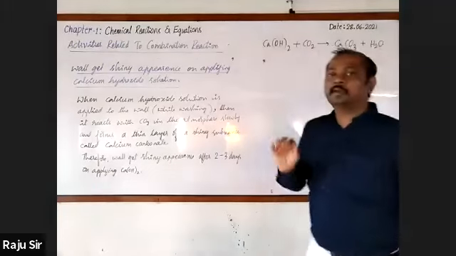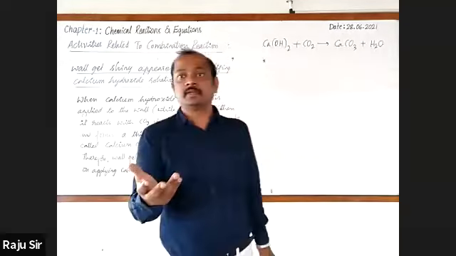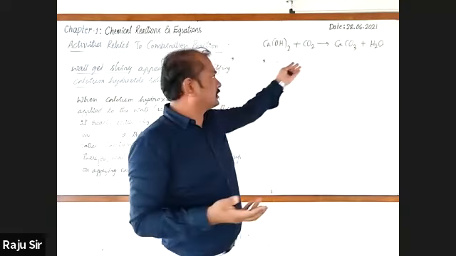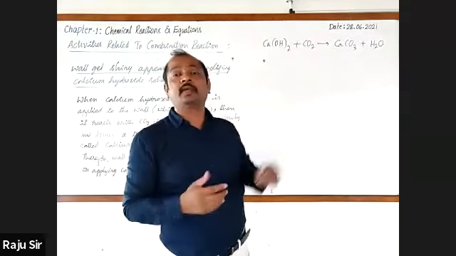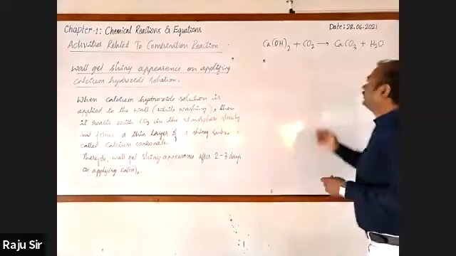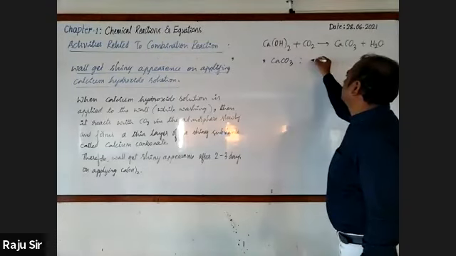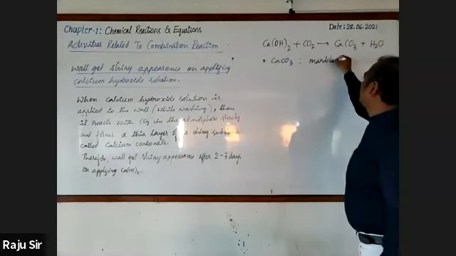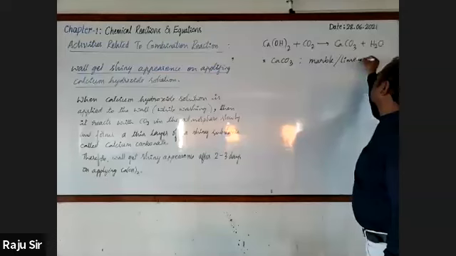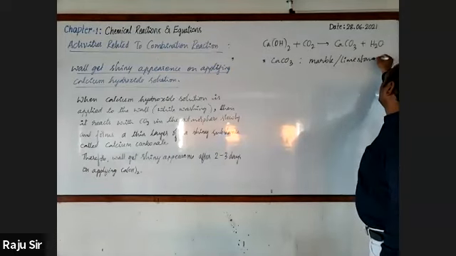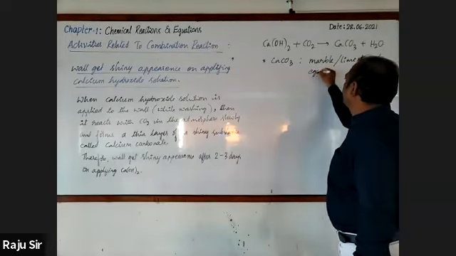It is called marble or limestone. Even the eggshell consists of a chemical compound called calcium carbonate. Just one point: calcium carbonate is also called marble or limestone, and it is also present in eggshell.